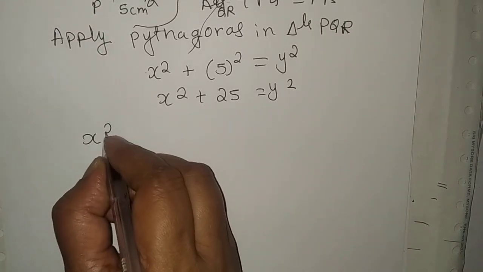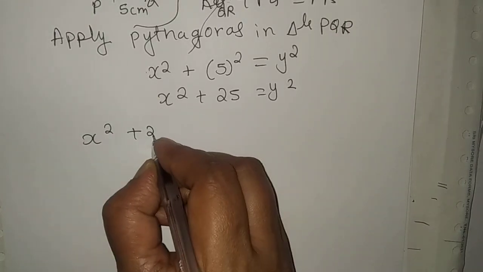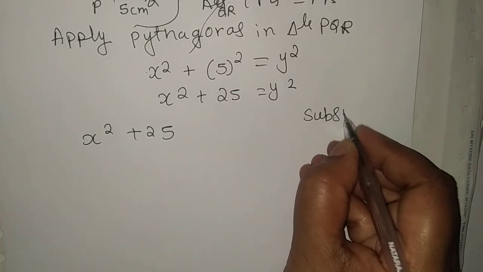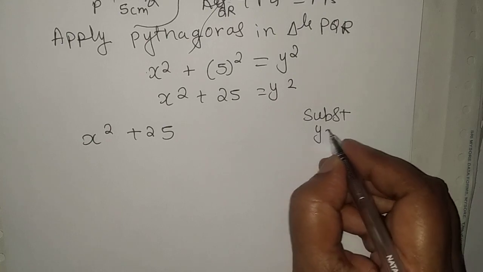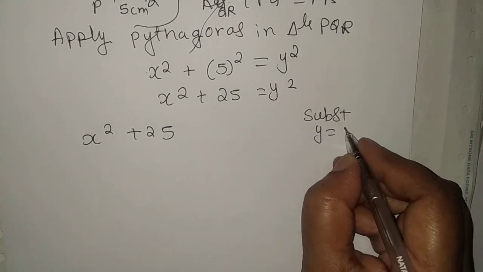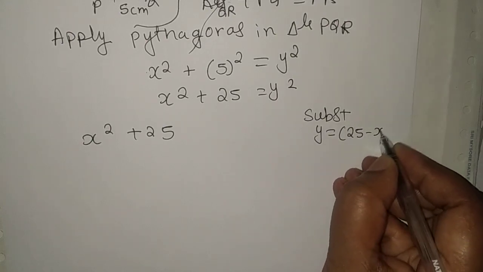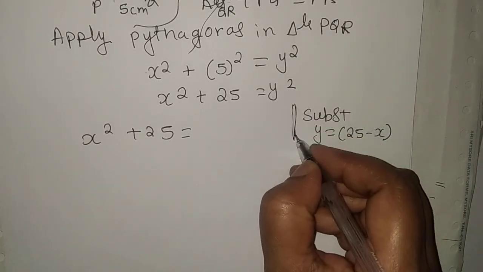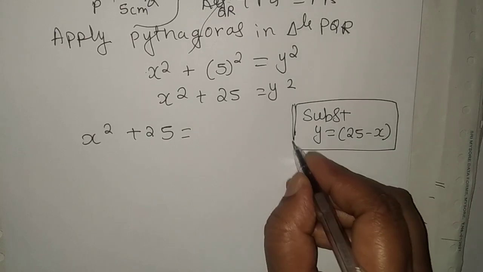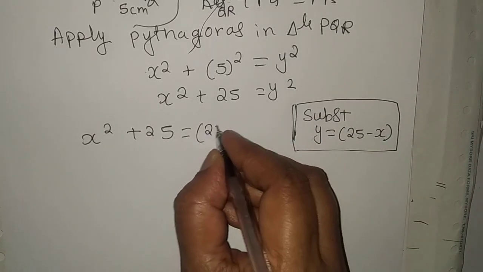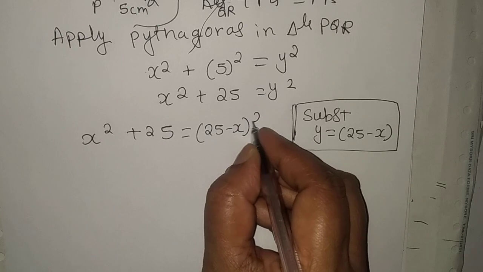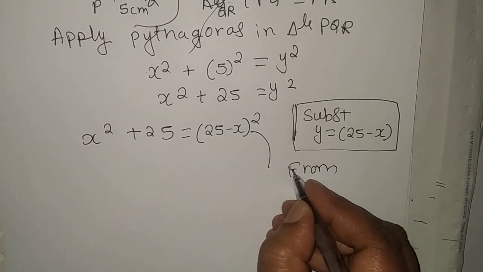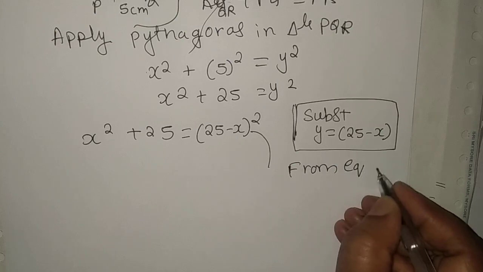Then in x square plus 25, substitute for y. How much did we calculate y as? 25 minus x, that was equation 1. Substitute here for y, then 25 minus x, the whole square, from equation 1.